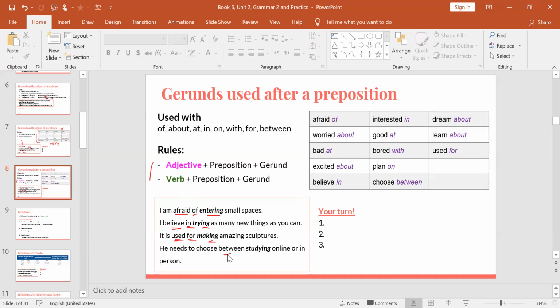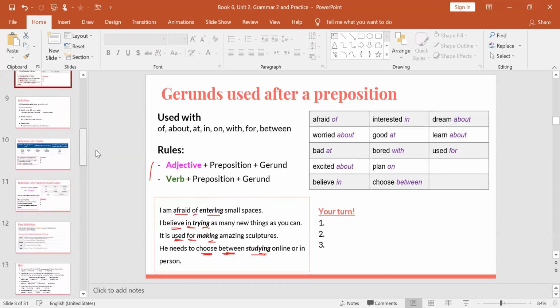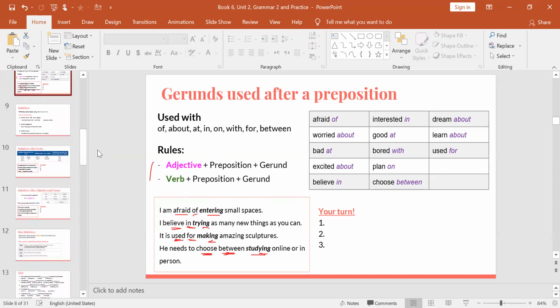So between, so choose is the verb, between is the preposition, and studying online, studying is the gerund. So again, let's take quick seconds and see if we can come up with a sentence of our own, and then we'll move forward.